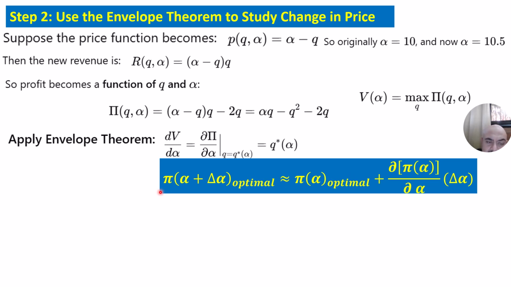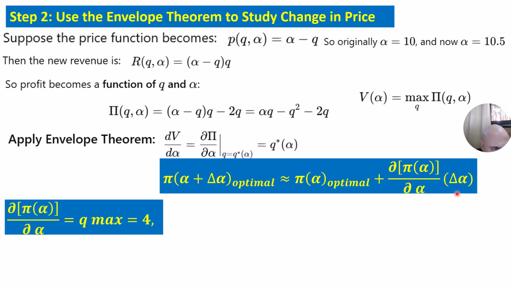V at alpha plus delta alpha, when the value is optimal, is equal to... So now I'm going to study the case 10 plus 0.5, which is 10.5. That's the change that happens in the parameter alpha. It will be approximately equal to the value of the profit at the original value plus the partial derivative with respect to the parameter times delta alpha, which is the approximation formula that we will use.